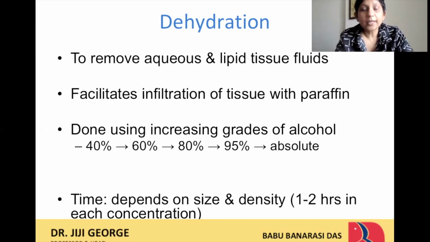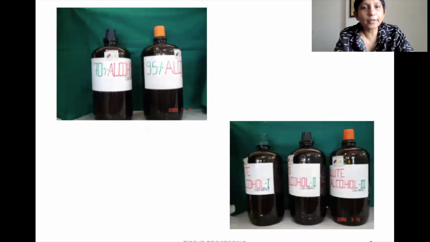As I said, time depends upon the size and density of the tissue. So this is how we use bottles to fill alcohol. We can label them as 70% alcohol, 80% alcohol, and so on, or write it as alcohol, absolute alcohol 1, 2, and 3, depending upon what grades of alcohol you use in the lab.